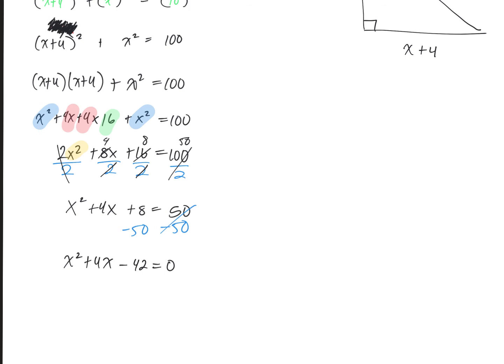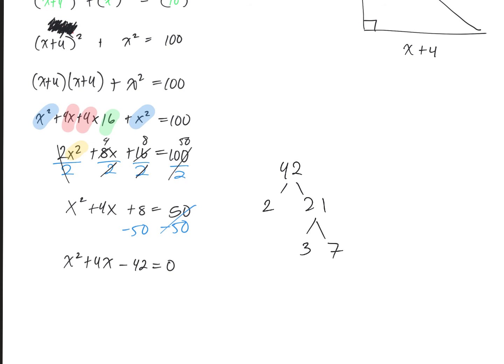Now we want to see if this factors. Since these are bigger terms, we could try. So let's see, we have 42, which is 2 times 21, and 21 is 3 times 7.